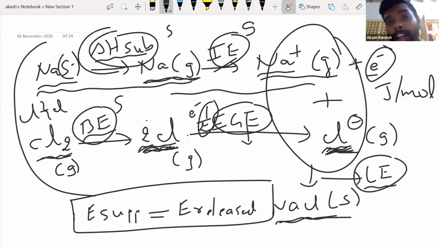How did we define electron gain enthalpy? It is the energy released when an electron is added to the valence shell of a gaseous atom.